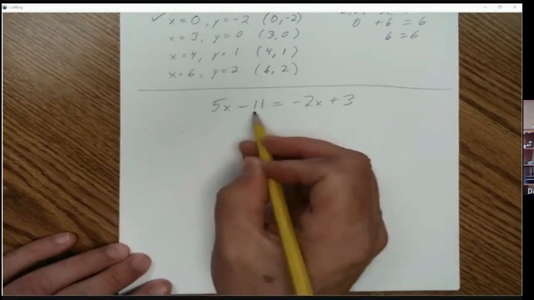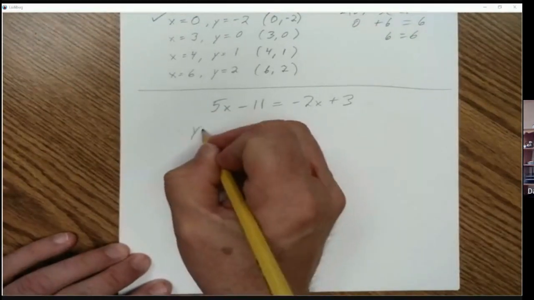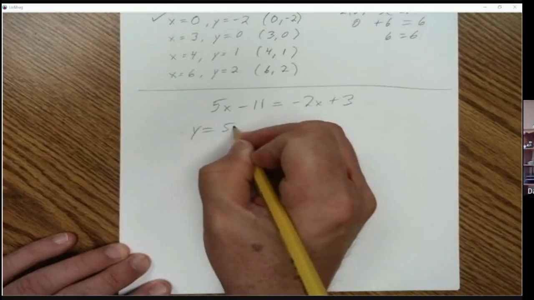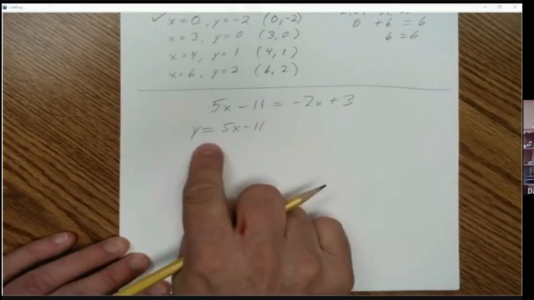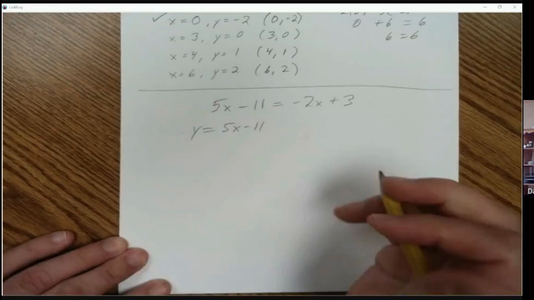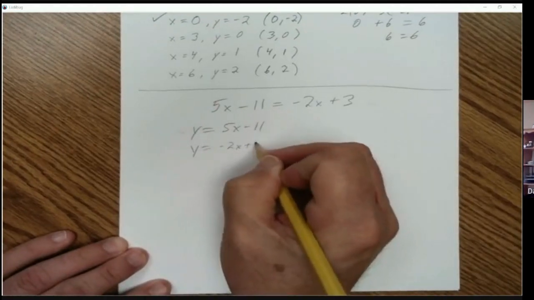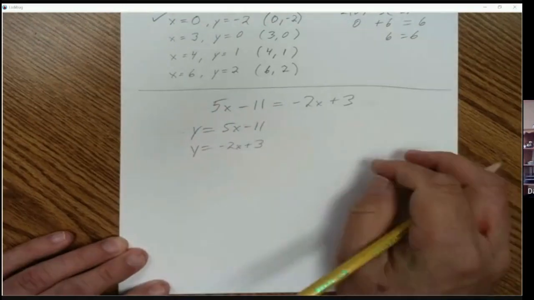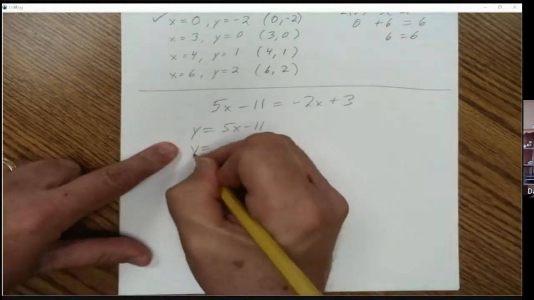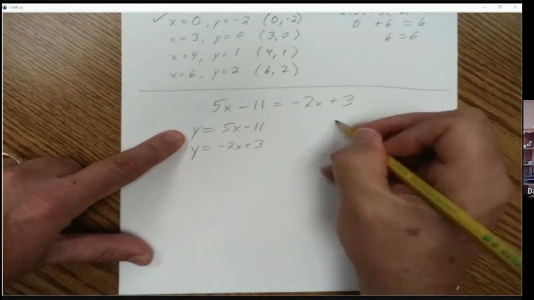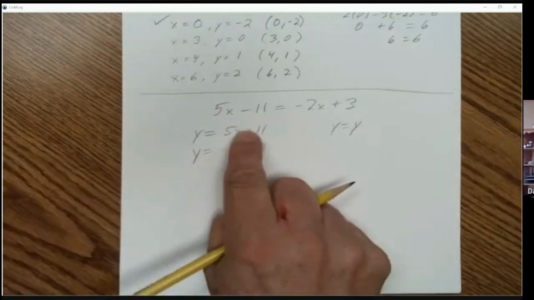What if this equation, I'm going to call it y equals 5x minus 11. And this equation, I'll say is y equals -2x plus 3. So basically I'm saying y equals y because I'm saying these equations are equal to each other up here.